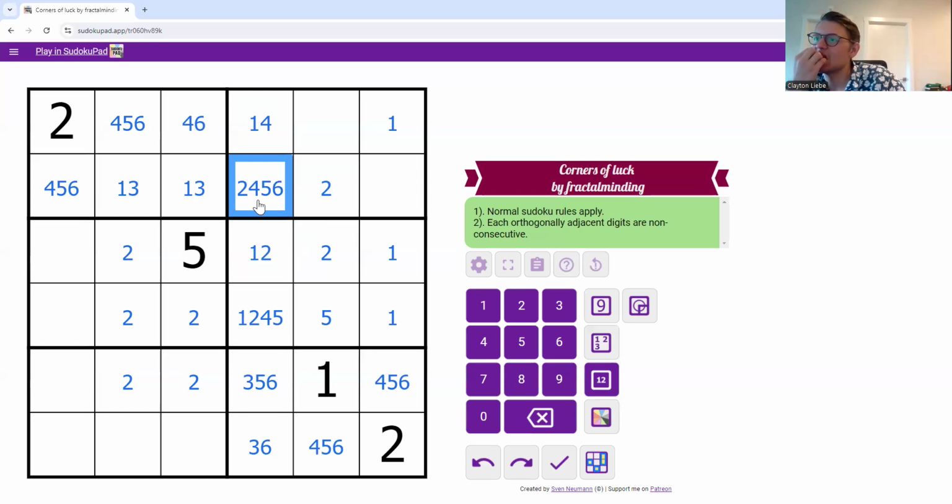Yeah. Because we know, well, yeah. Wow. This puzzle is relentless. Can we do anything with this 3, 5, 6 using some of the tricks we've learned up here? If this is a 3, 5, 6, this is a 6, 3, 4.